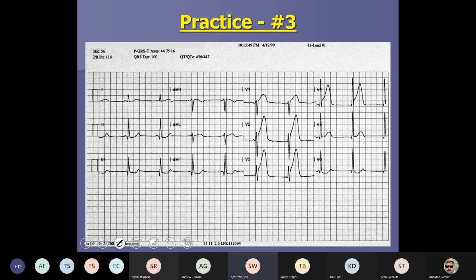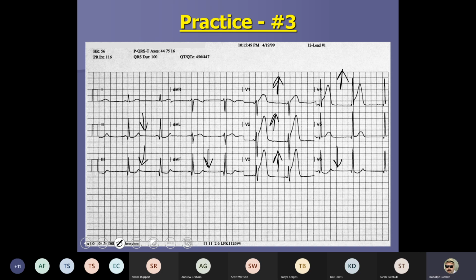We have P waves. Major ST elevation in V1, V2, V3, V4. Depression in V6, AVF. So I'm gonna say an anterior, maybe a septal STEMI.